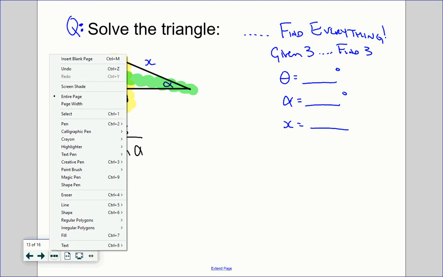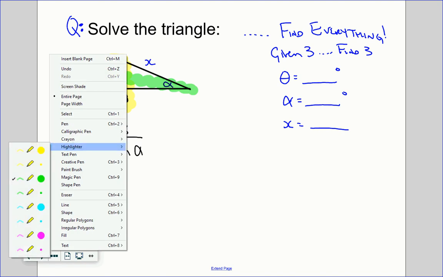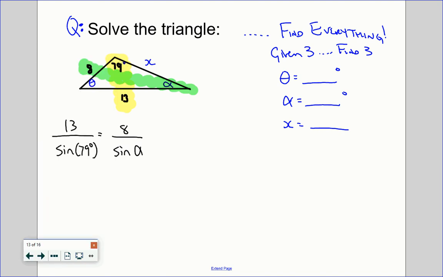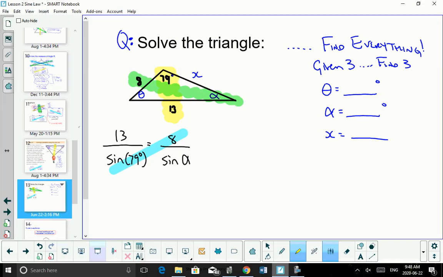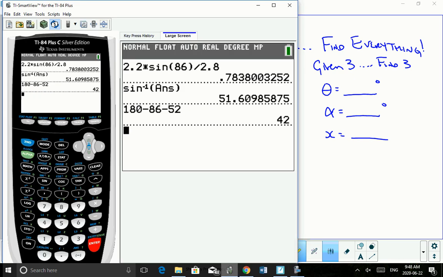Okay, so there's our setups. That's what I want to see on your page. So cross multiply and divide. Cross multiply the one without the letter. So that one does not have the letter. Remember, your letter's right there at alpha. So on your calculator, you're going to go 8 times sine 79, or sine 79 times 8 divided by 13.